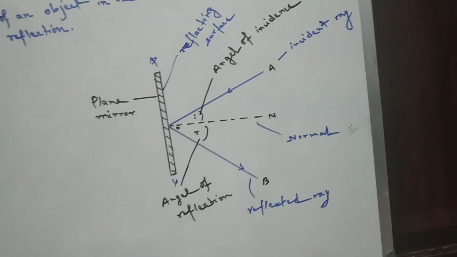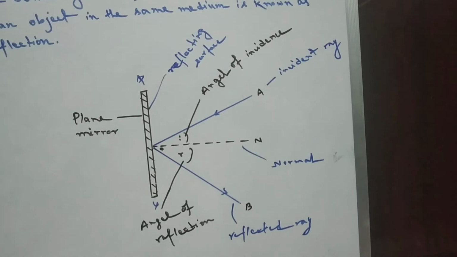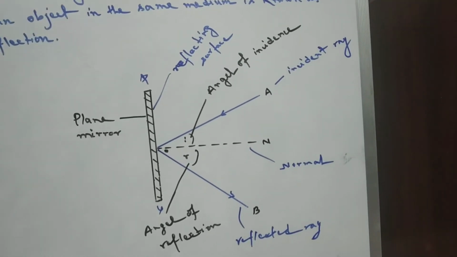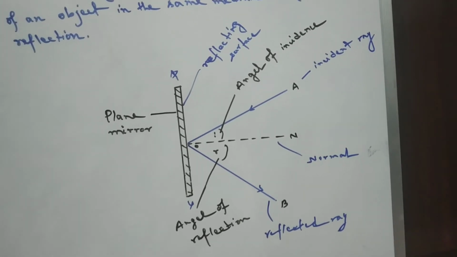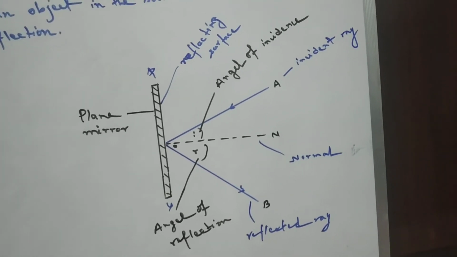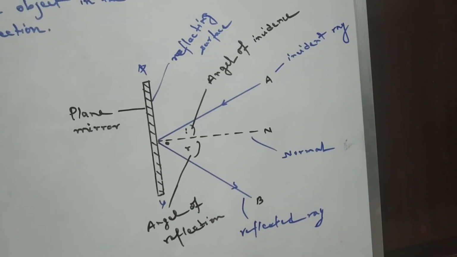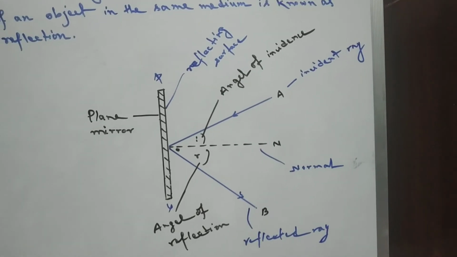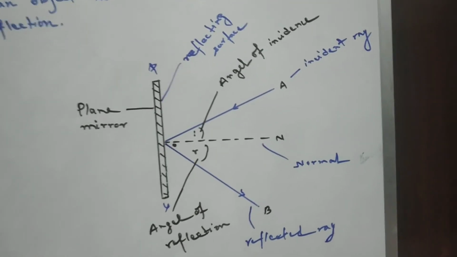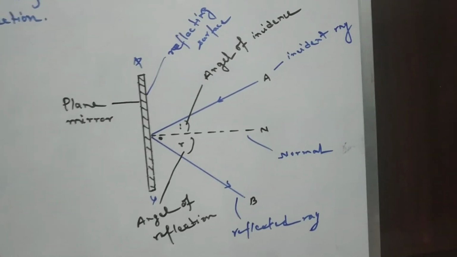The angle of reflection is always denoted by R. So here AON is equal to I, and NOB is the angle of reflection, NOB is equal to R. The angle of incidence and the angle of reflection will be the same. That means I is equal to R.